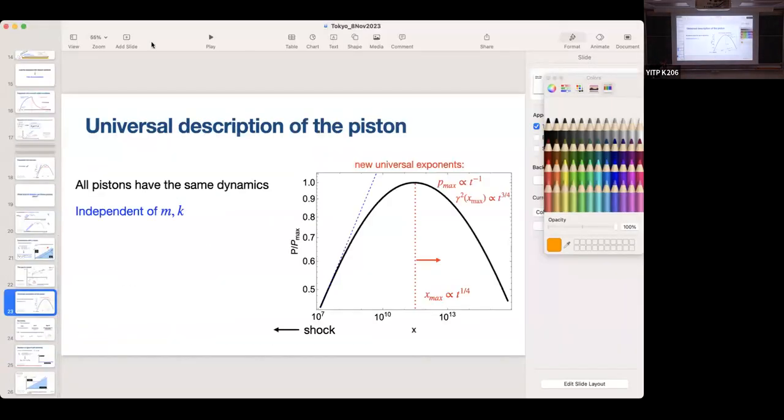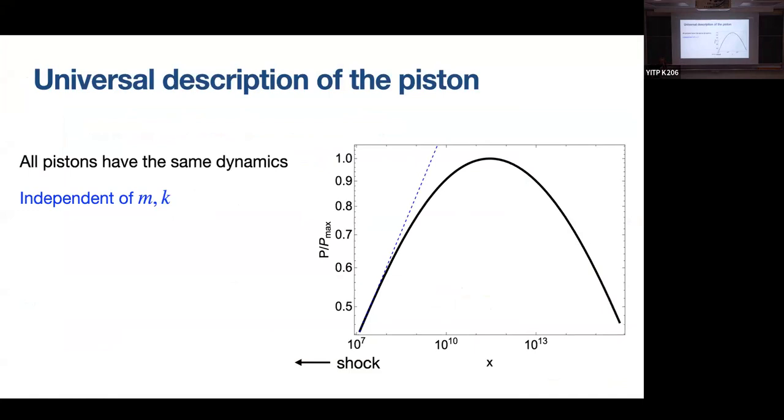I only have one last point concerning the piston. So it turns out that while this part does depend on M and K, this part where it characterizes the piston is independent of M and K. And so basically all pistons that expand into vacuum have the same dynamics. So we find these universal exponents that characterize the pressure, the Lorentz factor, and the position of this piston.